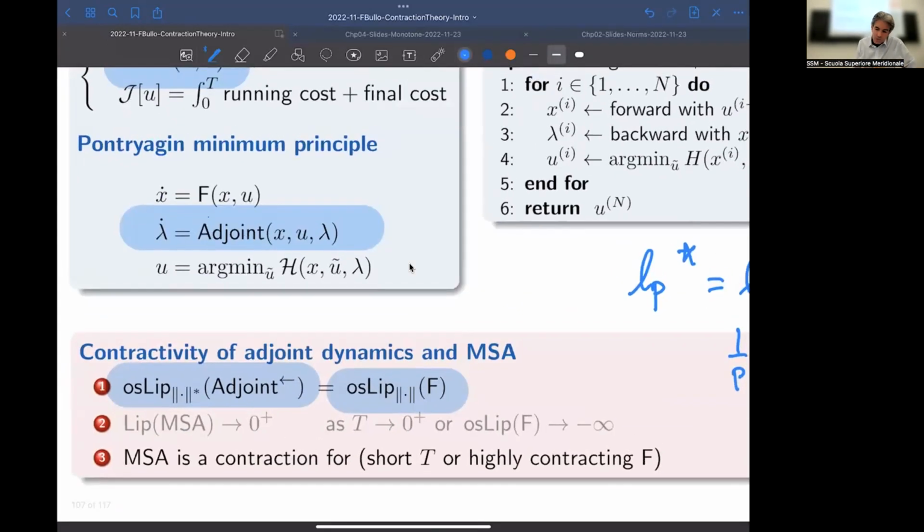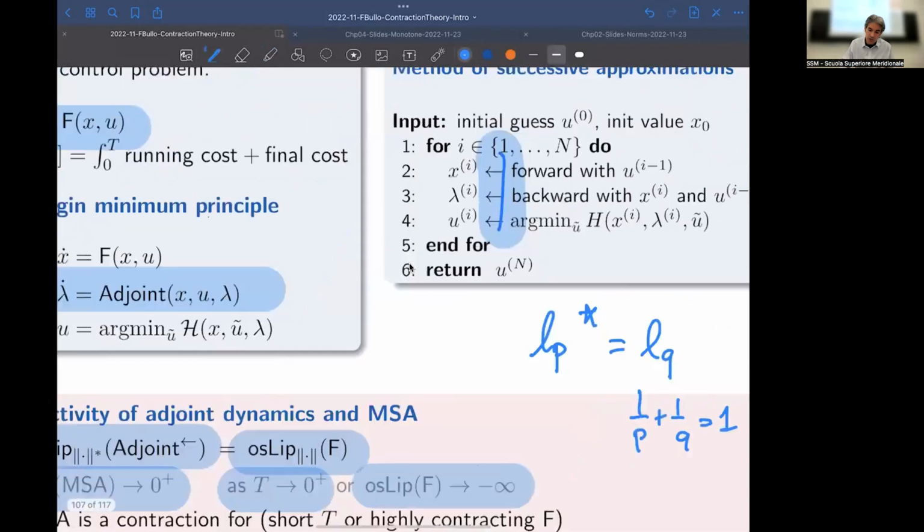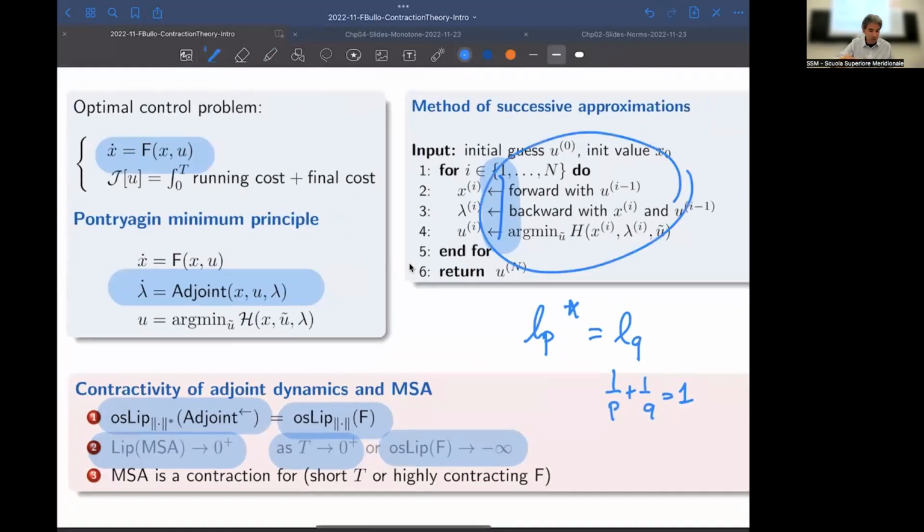The Lipschitz constant for one step of that algorithm, this algorithm here on the top right, goes to 0 as I let the duration of the optimal control interval go to 0, or alternatively, as I let the contraction rate become large. So the shorter the optimal control interval, or the more contracting your system, there will come a time where the Lipschitz constant of any one of these iterations is less than 1.